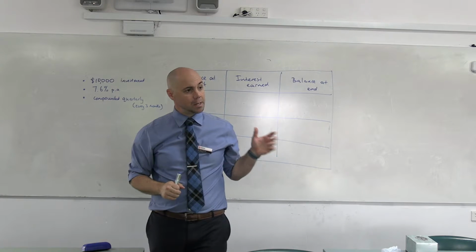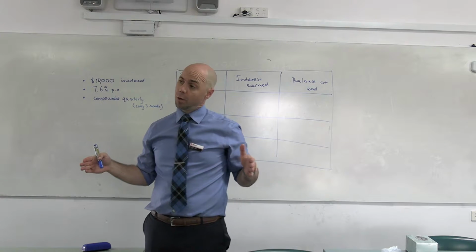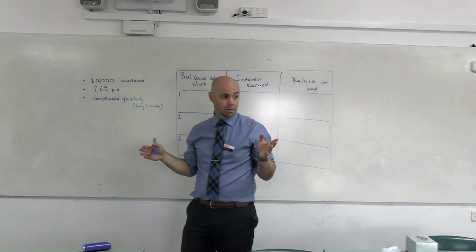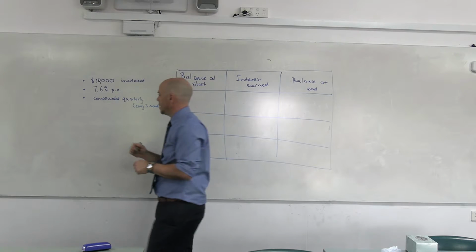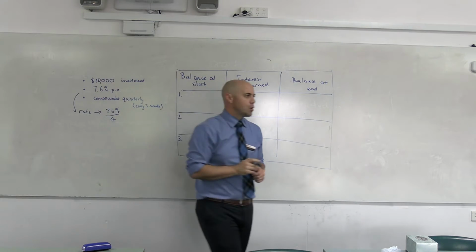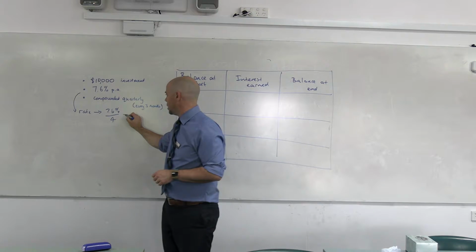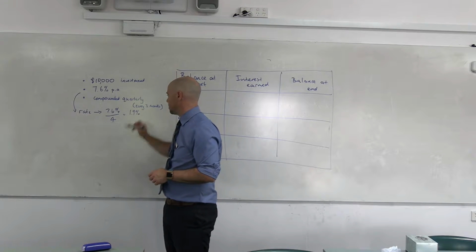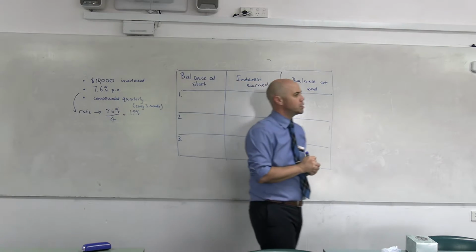That rate currently is for a whole year, but I'm only going to work out for a quarter of a year. So what do I do to the rate? Divide by 4, that's right. So I'm going to change my rate to a quarterly rate, which equals 1.9%. Okay, that's the rate that I need to use.